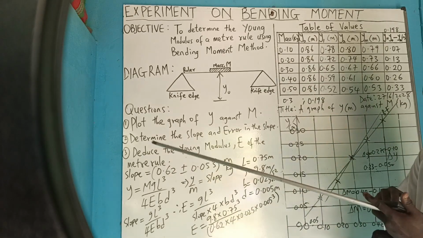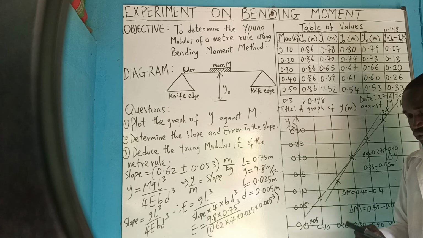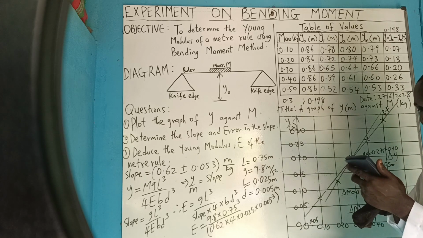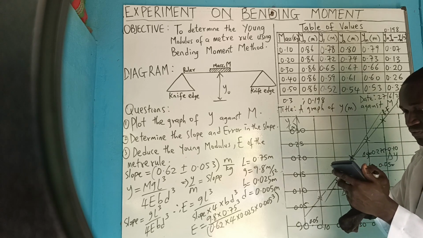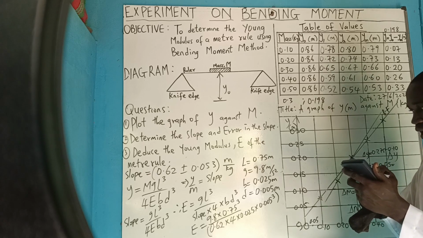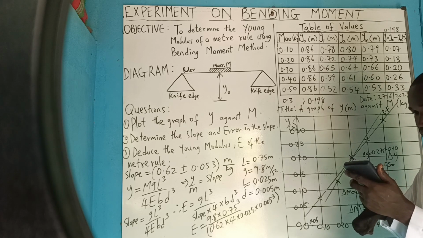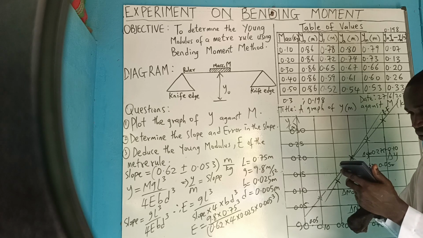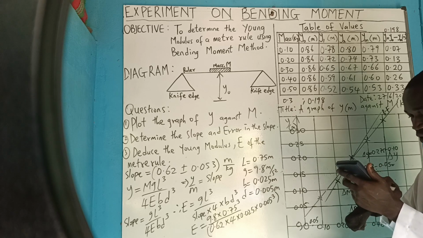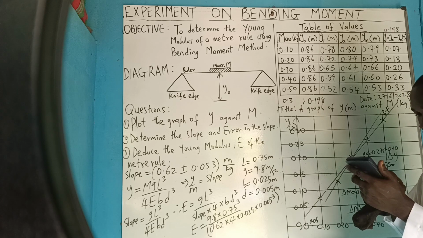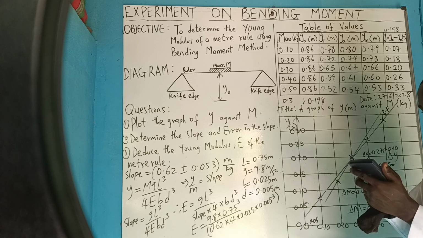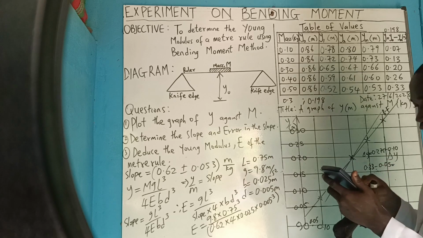So you use a sound calculator, so do it. You say 9.8 times 0.75 cube divided by bracket 0.62 times 4 times 0.025 times 0.005 raised to the power of 3.